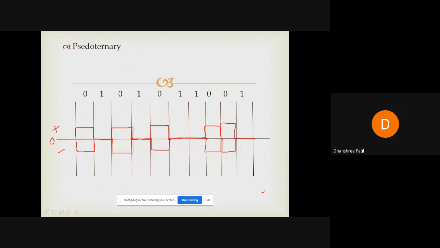Simple. So these are bipolar AMI and pseudo ternary. In bipolar, 1 is shown alternately positive and negative, and 0 represents a blank signal or no transition. In pseudo ternary, 0 represents positive and negative alternately, and 1 represents no transition. Okay, so these are the two techniques.